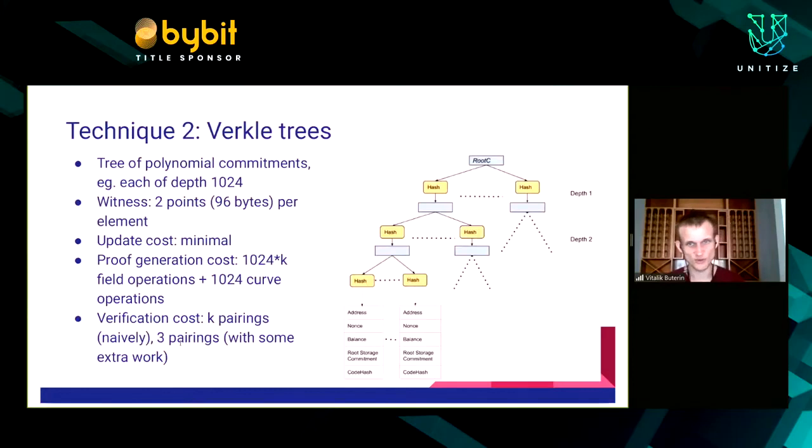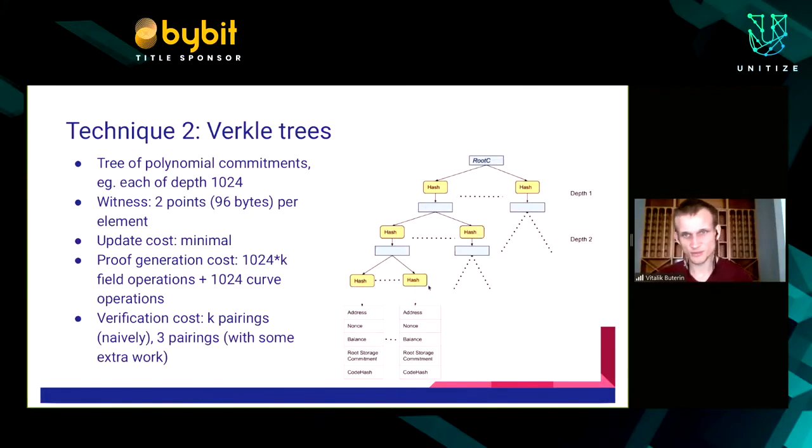Technique 2, Verkle trees. A Verkle tree is basically just a tree of vector commitments, or a tree of polynomial commitments, right? So we combine the two schemes together, and instead of having just a Merkle tree or just one polynomial commitment, we're going to have a tree of polynomial commitments.